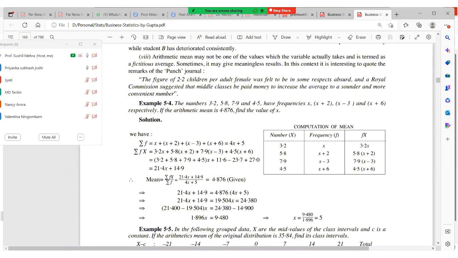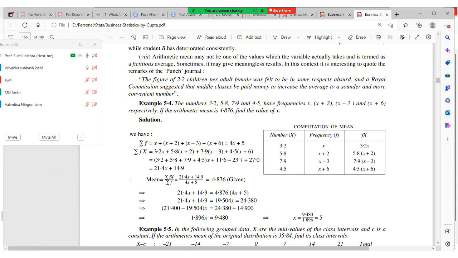Let me do this. The numbers 3, 2 are the numbers having these frequencies respectively. If the arithmetic mean is this, find x. The numbers are given, the corresponding frequencies are given in terms of x, right? Already given, and the mean is this. We have to find the value of x. So what we do is f into x. 3 into 2, similarly 5 into 8 into x plus 2, and so on.